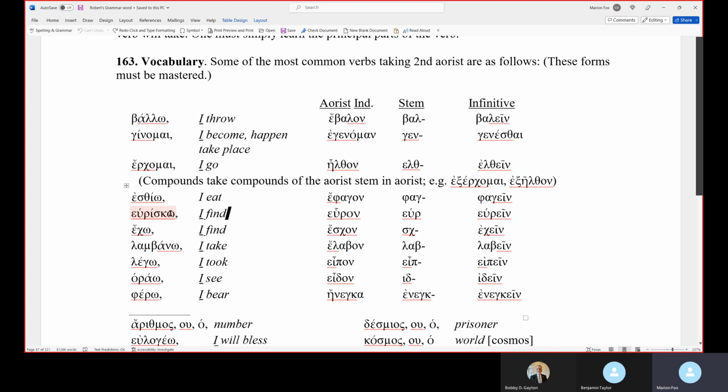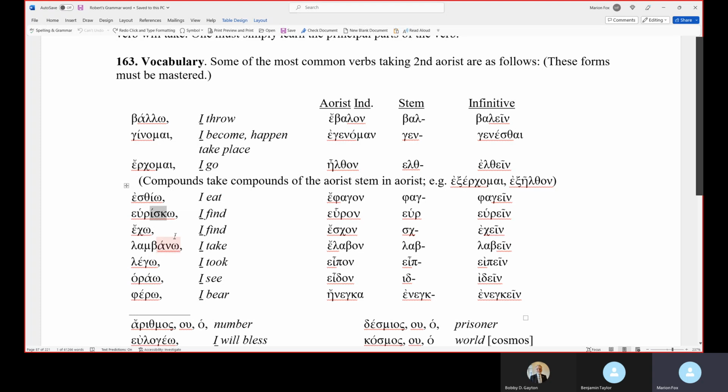Heuriskō, "I find," and so here's your stem. Now that's pretty good, your stem over here. You see your stem there in it. So that's not too bad. But we lose part of this other stuff that dropped off, so it looks a little bit like it. Okay.